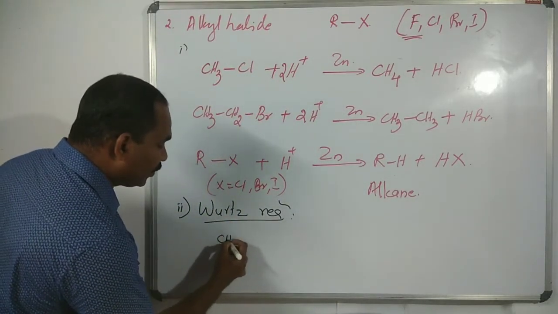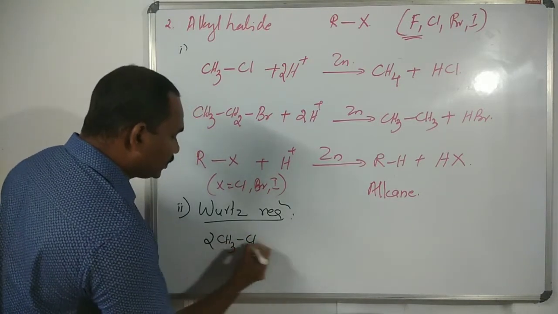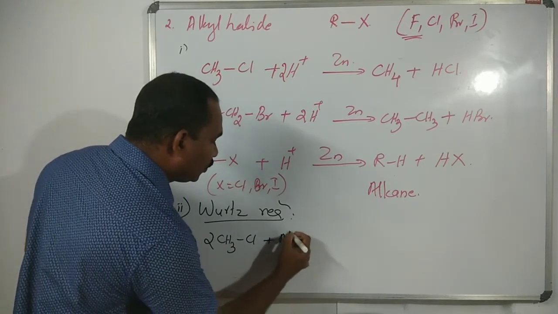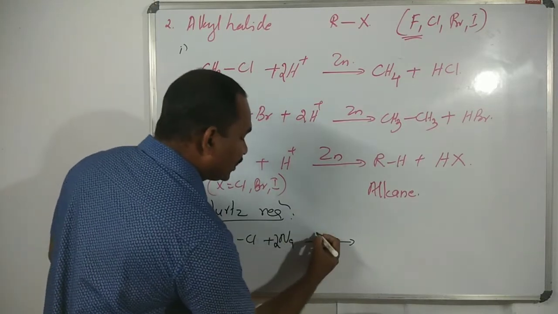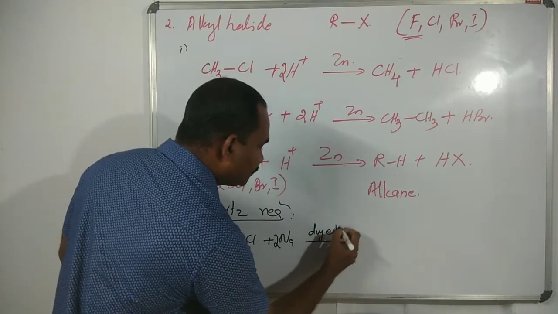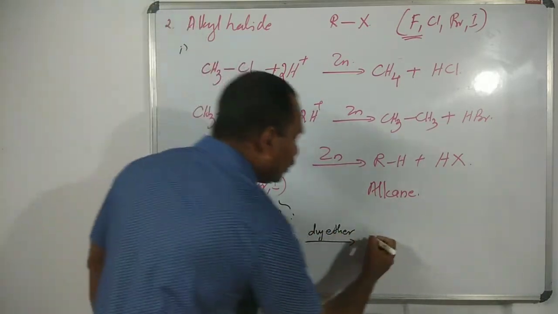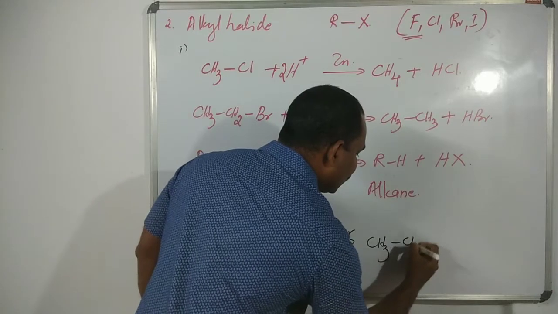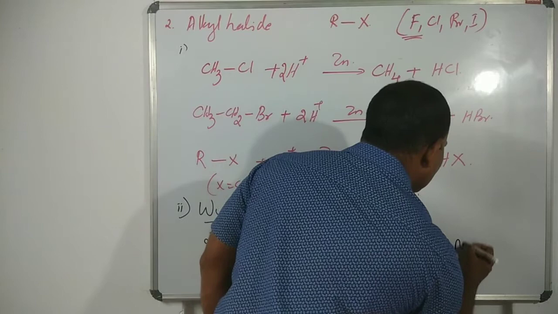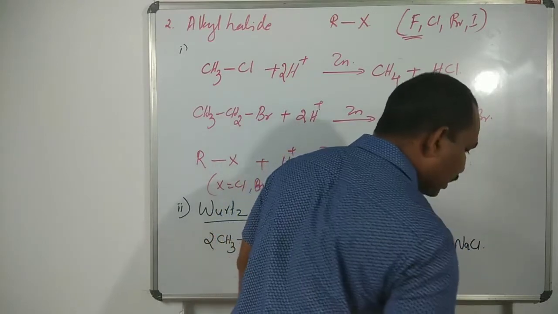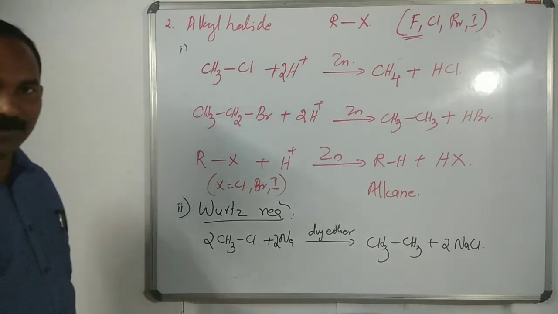Let's take one example, CH3Cl. 2 moles of CH3Cl plus 2 sodium in the presence of dry ether, we get CH3-CH3 plus 2 NaCl.